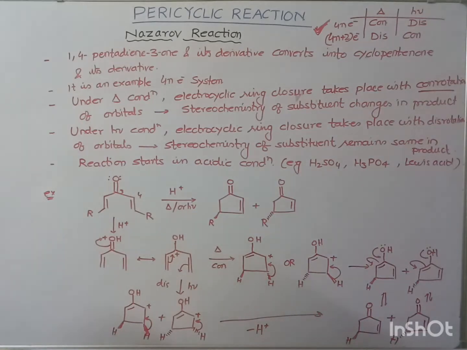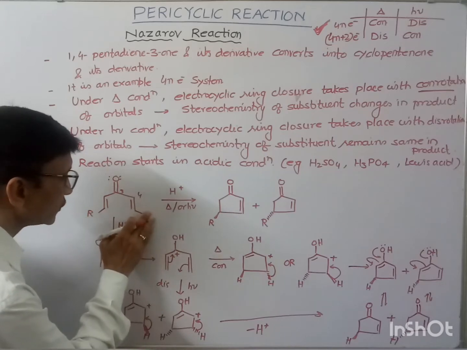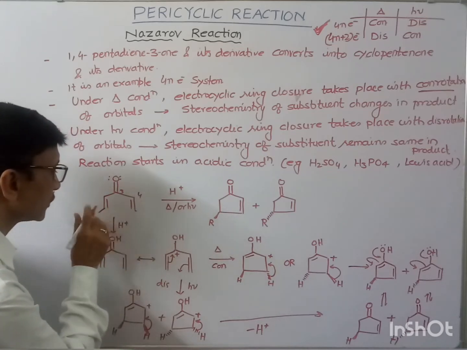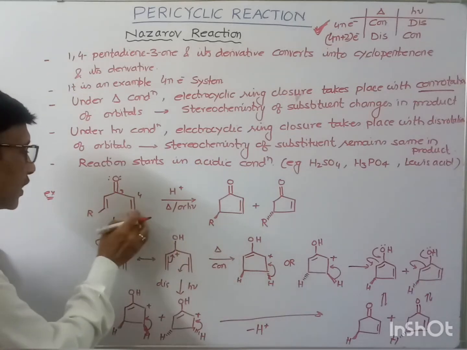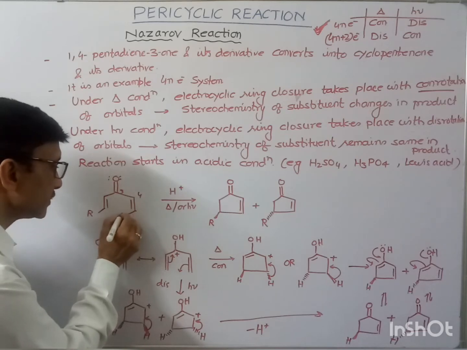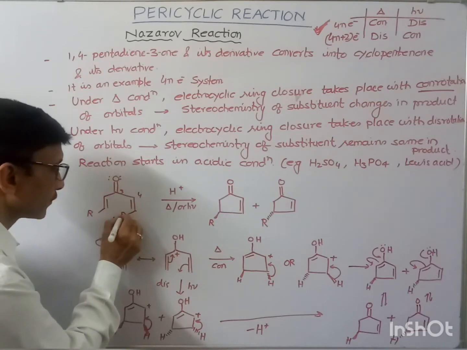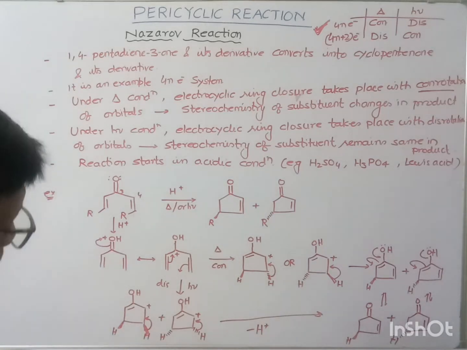Okay, so like this. And otherwise, suppose these two are in different positions, so here both R are going outside. Suppose one of the R is going outside and another R is going inside. Then in that case what should be the product?